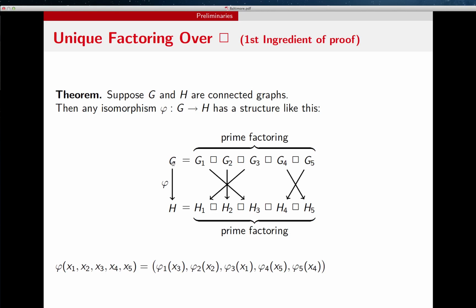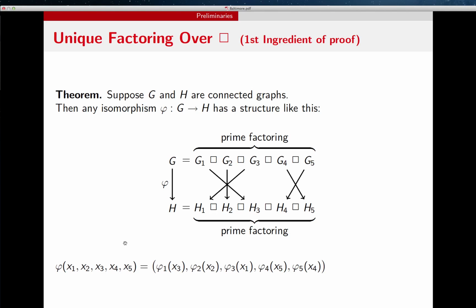If you have an isomorphism phi from G to H, and you prime factor G into prime factors over the Cartesian product and do the same for H, then the isomorphism will simply be an isomorphism on components that may permute the factors in some fashion.